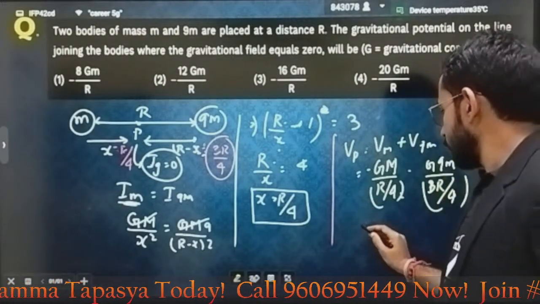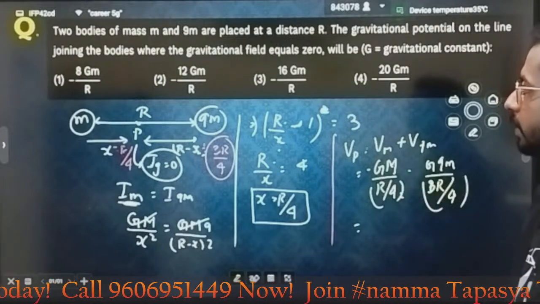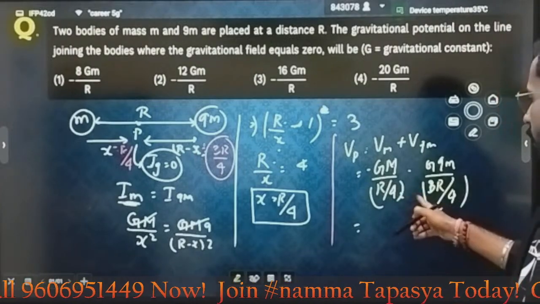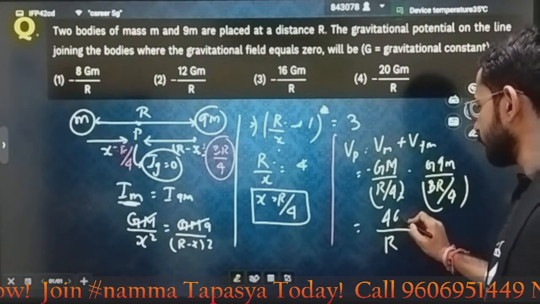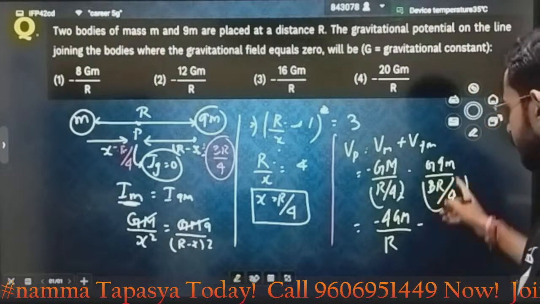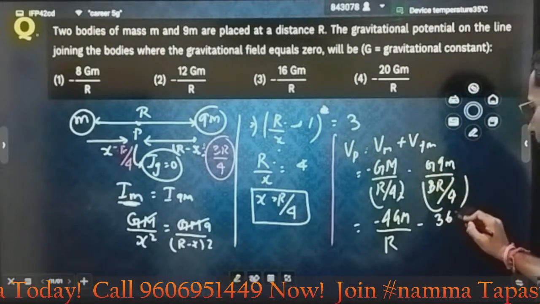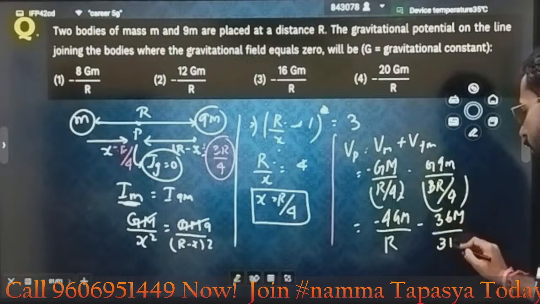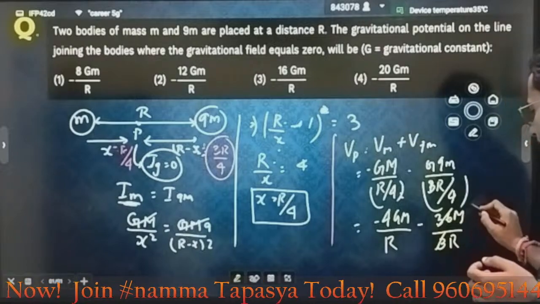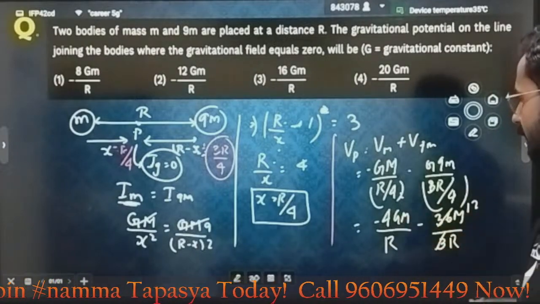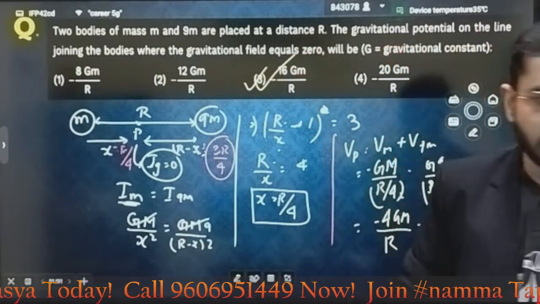Now when you solve it, it will become 4Gm by r minus 36 Gm divided by 3r. That means this will also get cancelled. 36 divided by 3, it will become 12. 12 minus 2, that means it will become 16 Gm by r. Option 3 will be correct.